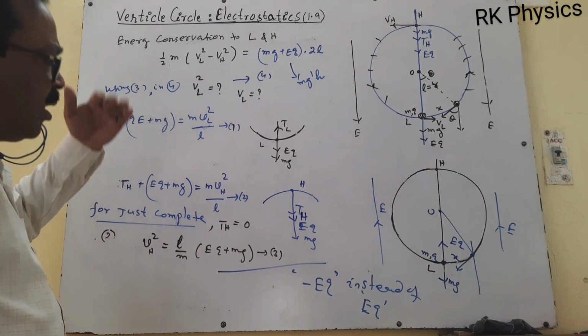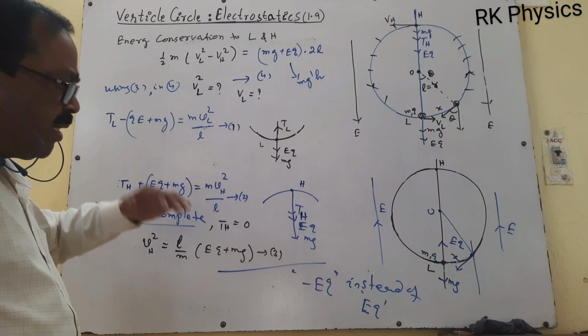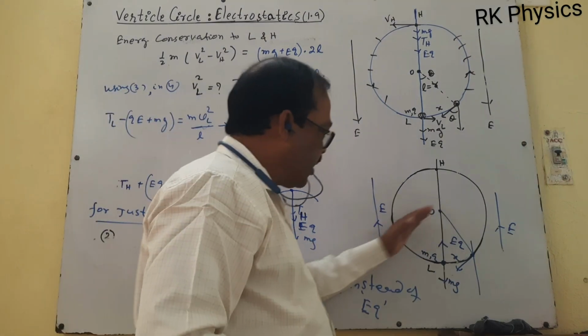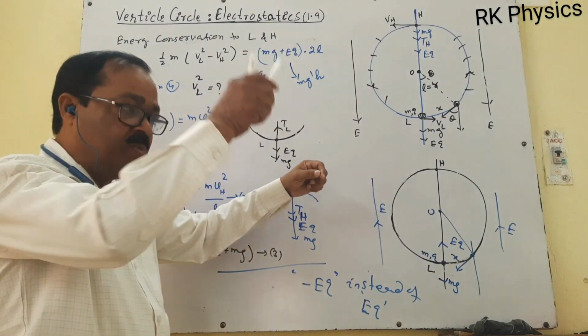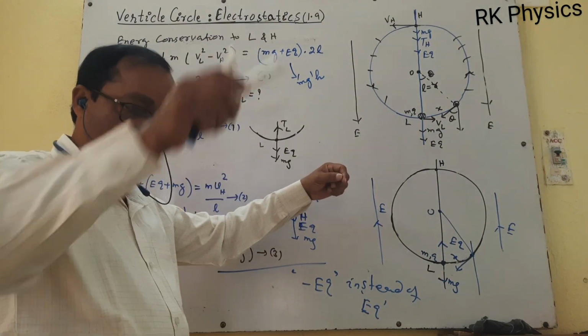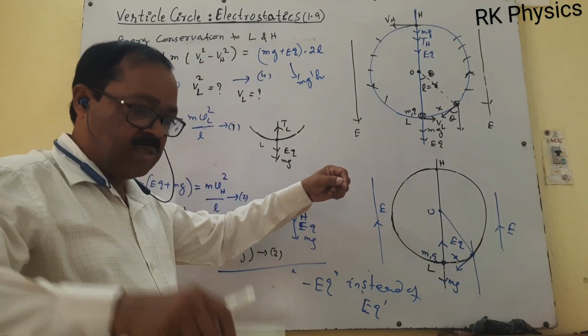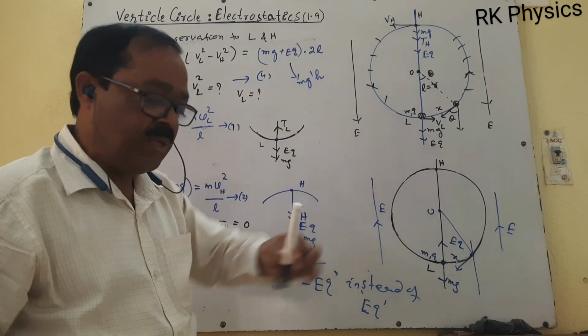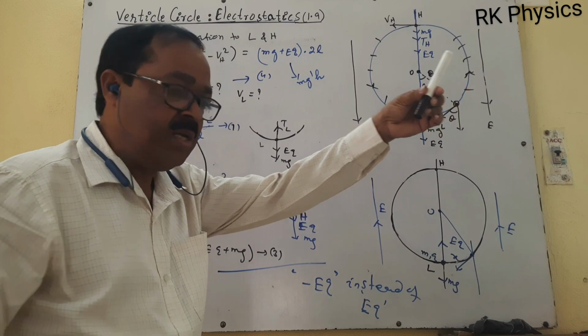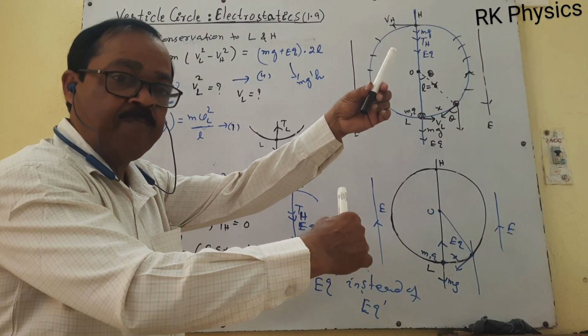Now you can imagine another form. If the electric field is in any arbitrary direction, suppose the object is moving in a vertical circle. Suppose the electric field is neither up nor down, and it makes an angle theta.